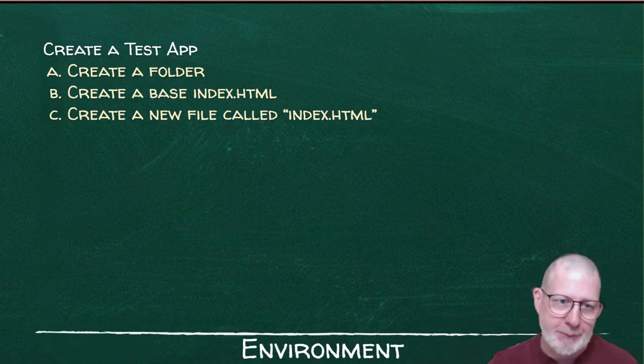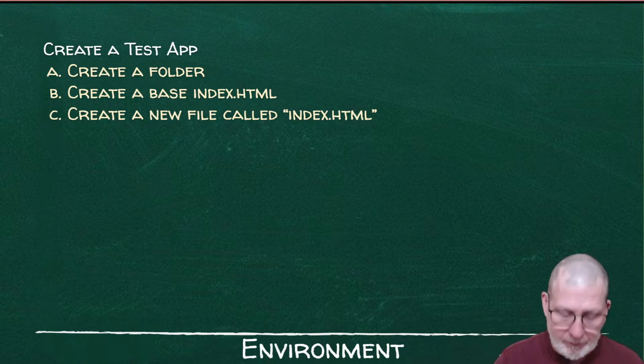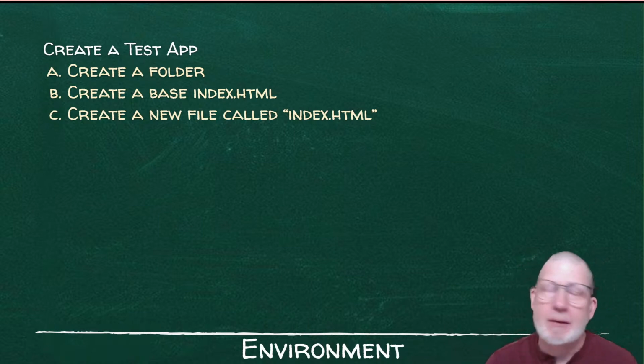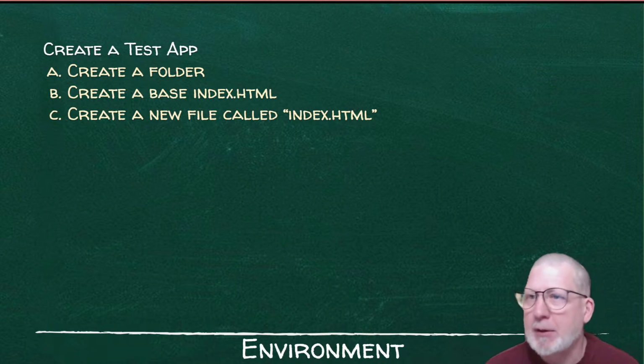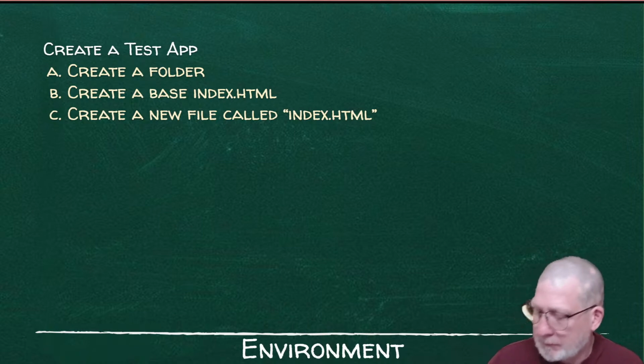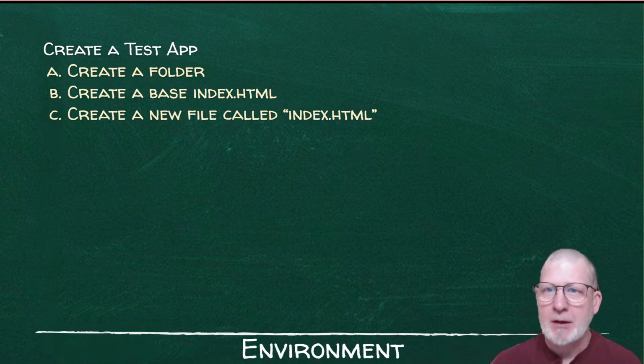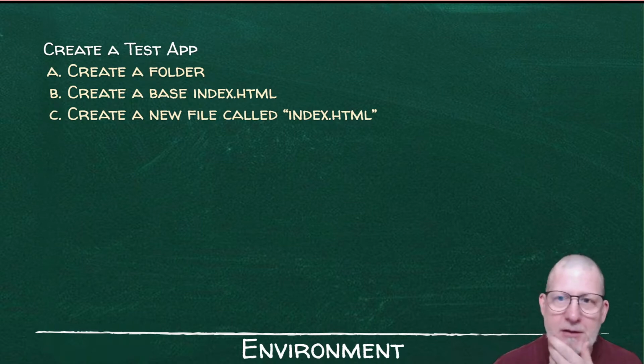We don't need it. I called it second app. You can call it whatever you like. Usually what we do is we name the folder what the name of the site or application is.